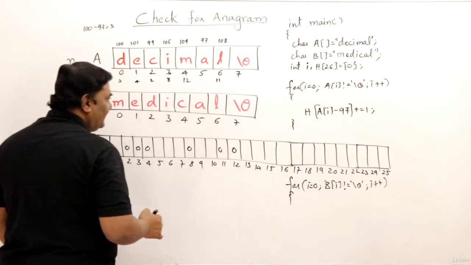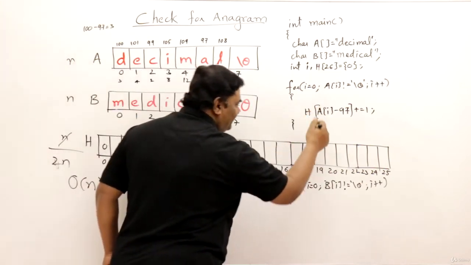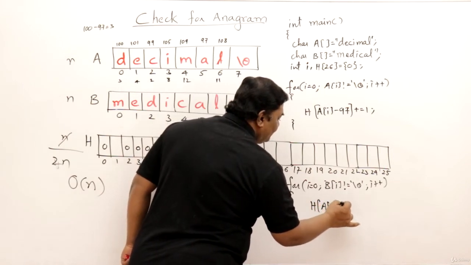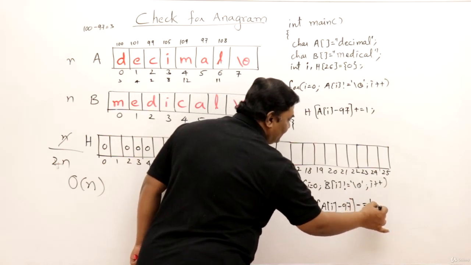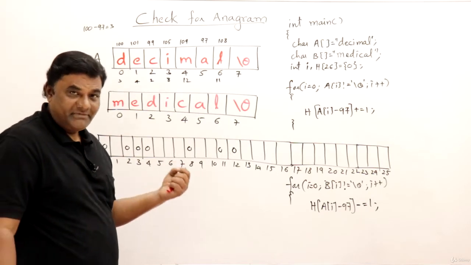Then what I have to do every time? Whatever the alphabet is, I should decrement at the same place. So the same thing, h of B of I minus 97, at that place minus assign 1. So 1 will be decremented. But after decrementing, check if it has become -1.